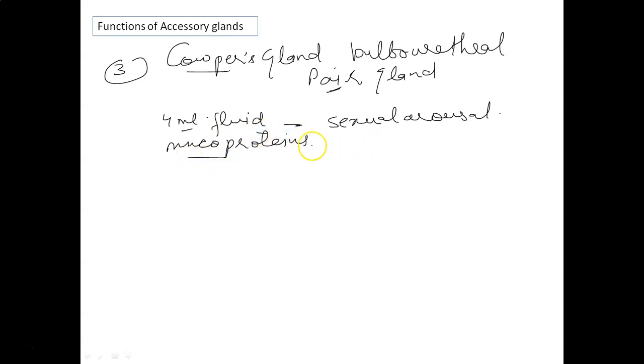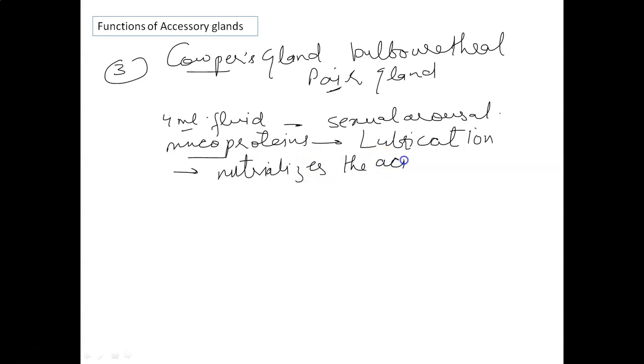This mucoprotein provides lubrication so that the movement of the sperms will be easier, and it also neutralizes the acidity in the urethra. So it neutralizes the acid effect and it lubricates the pathway.